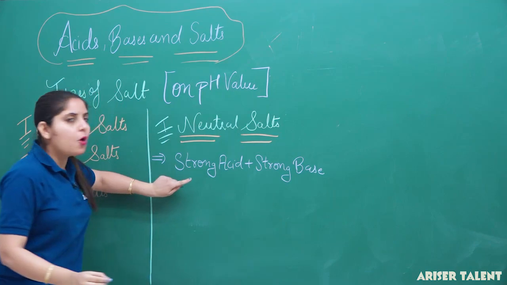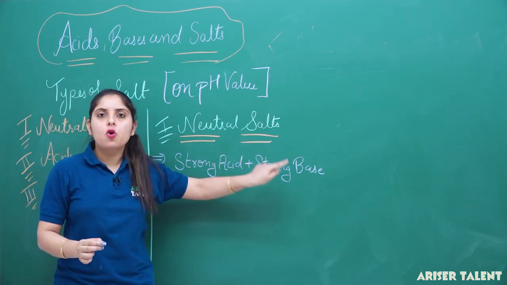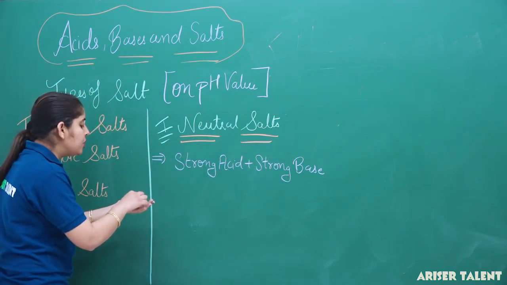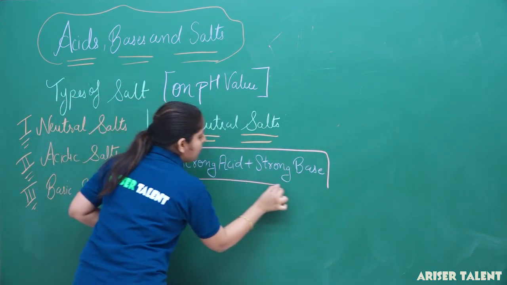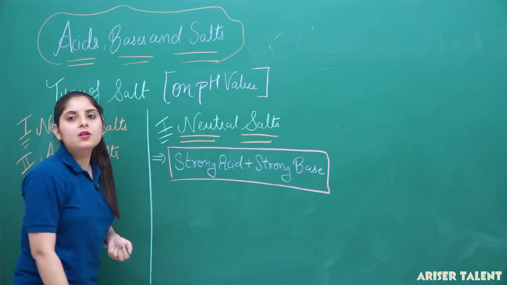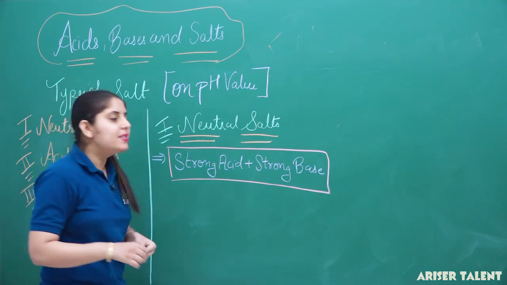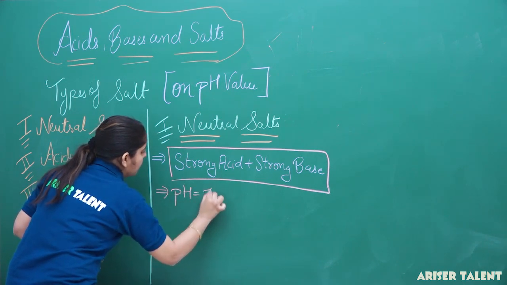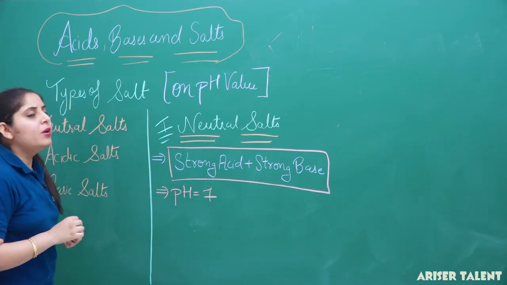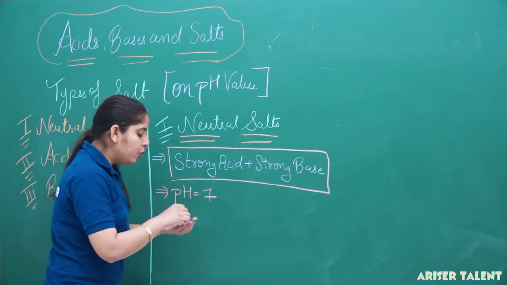So when the strong acid is going to react with the strong base, we can say that the neutral salts will be formed. What will be the pH value of this salt? The pH value of this salt will be 7. So the pH value is 7. Now, what are the examples in the category of the neutral salt?